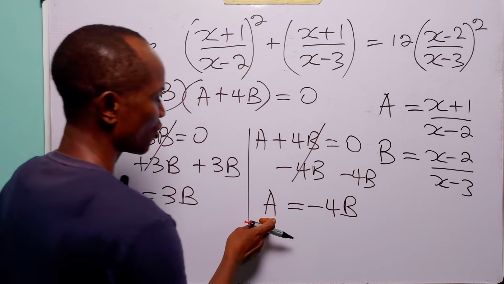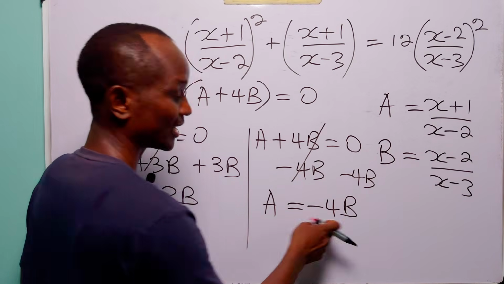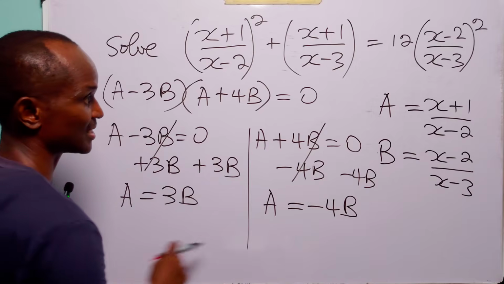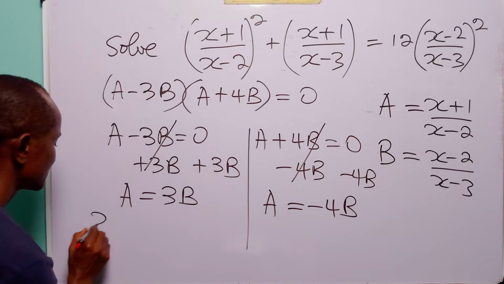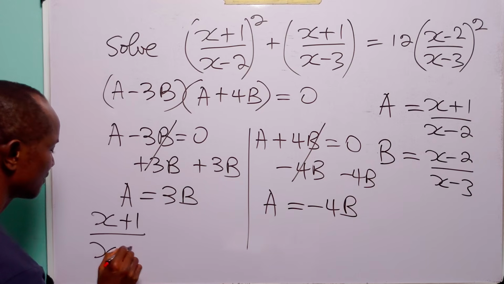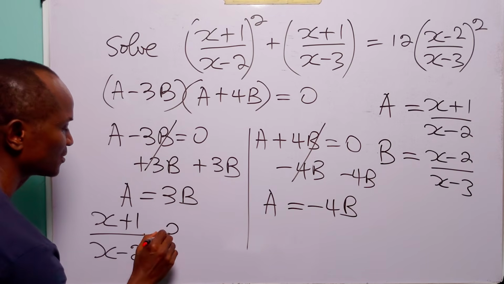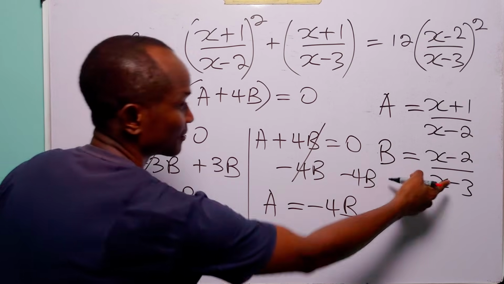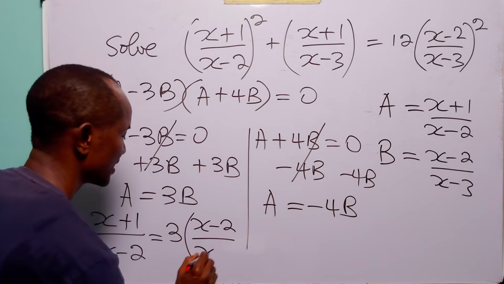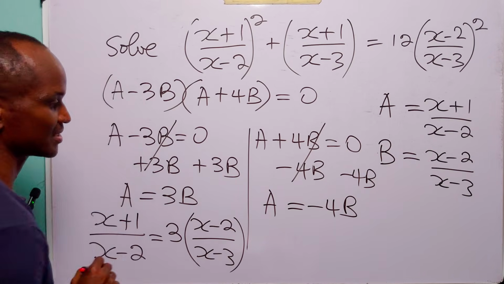But remember that we know already what a and b are. So in this case, this simply means that a, that is x plus 1 over x minus 2, is equal to 3 times x minus 2 over x minus 3.